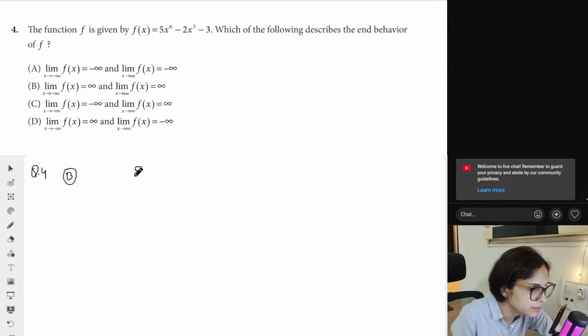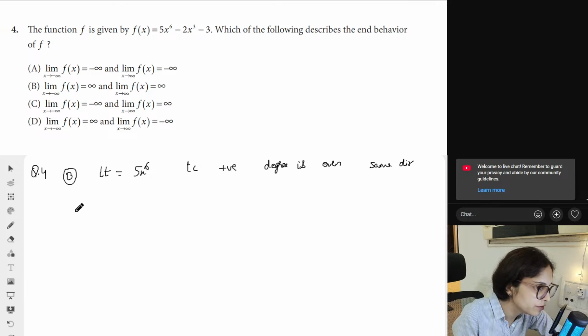It is option B. Why? Because you have 5x to the power 6. This is your leading term. We are only interested in the leading term. The leading coefficient is positive and the degree is even. So both are going to be going the same direction. And with the leading coefficient, we can see what is going to happen when it is going to positive infinity.